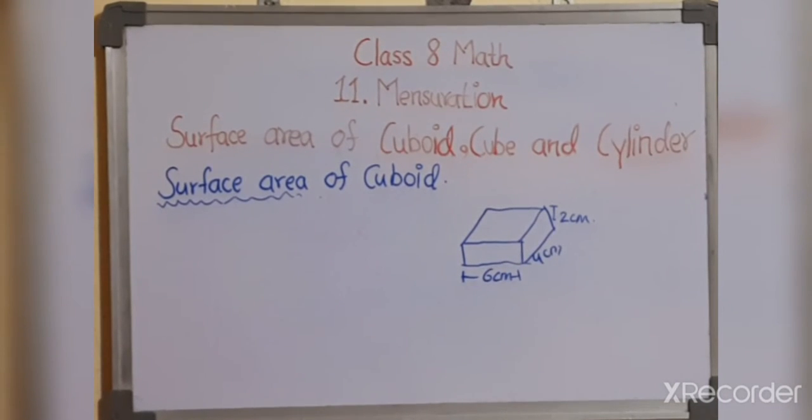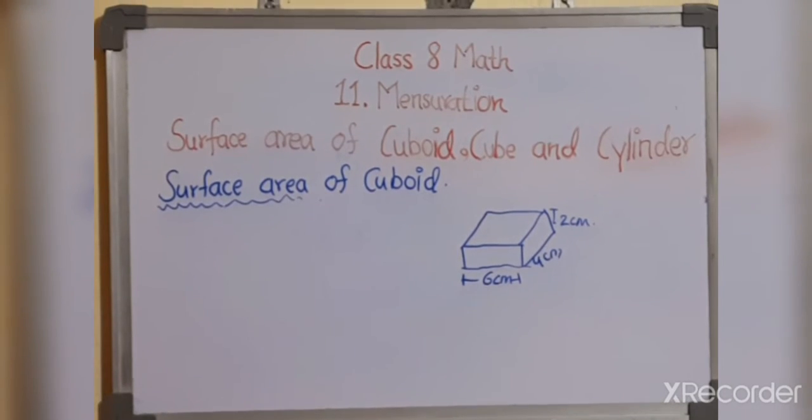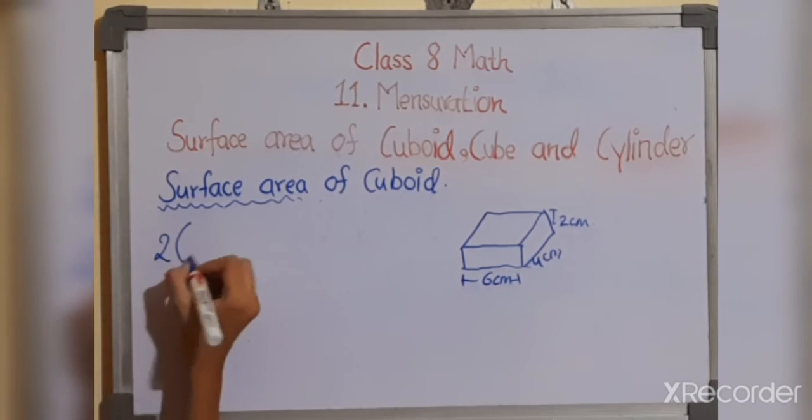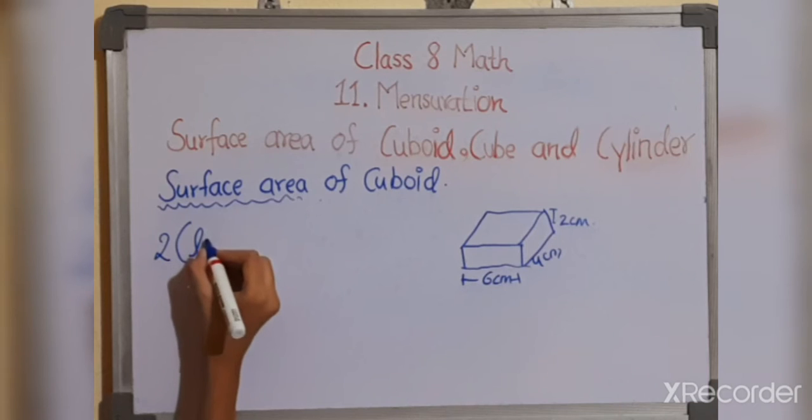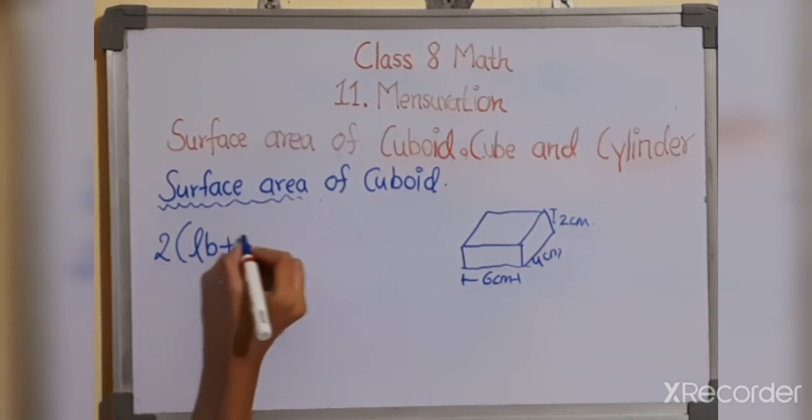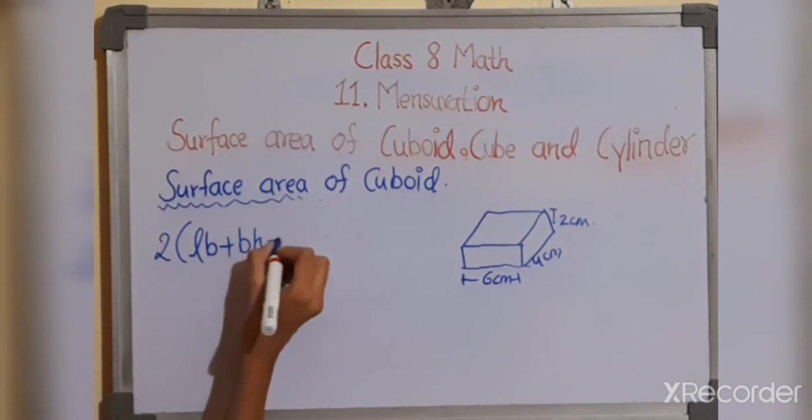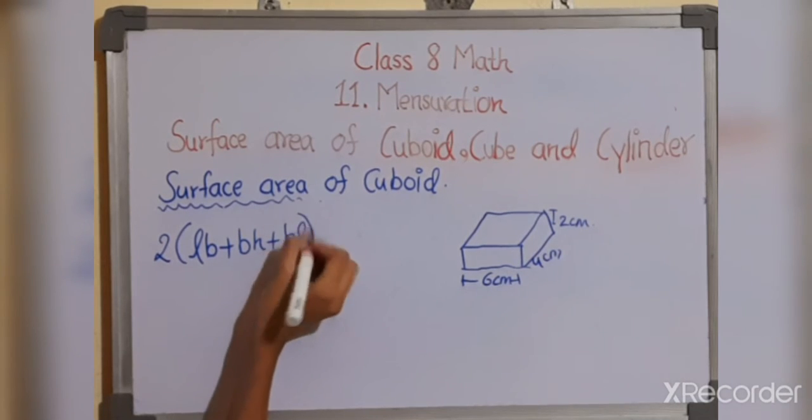So these are the measurements of this given cuboid. Now we will be finding the surface area of this. So the formula to find the surface area of the cuboid is 2 bracket L into B plus B into H plus H into L.